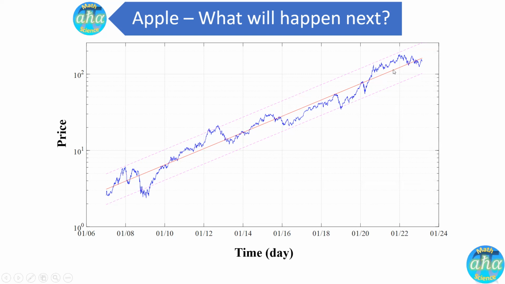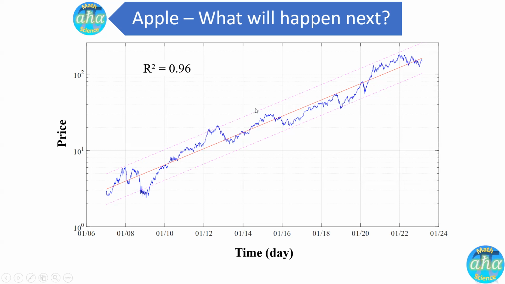In fact, the straight line fits the data so well. The R square, which is a measure of how good the fit is, is 0.96. If it's 1, it's a perfect fit. So this is a really decent R square value, meaning that the straight line fits the data very nicely.